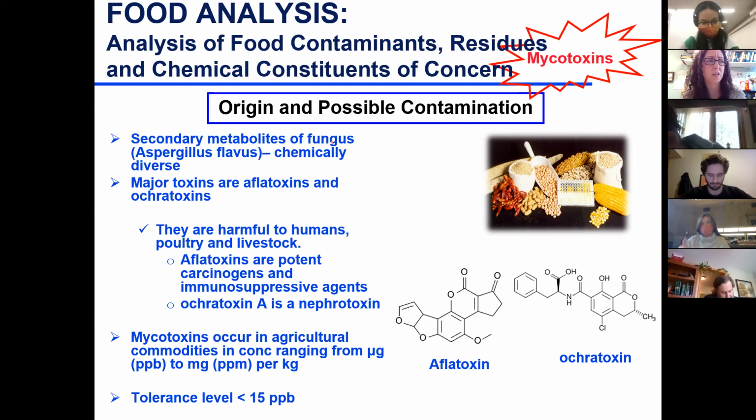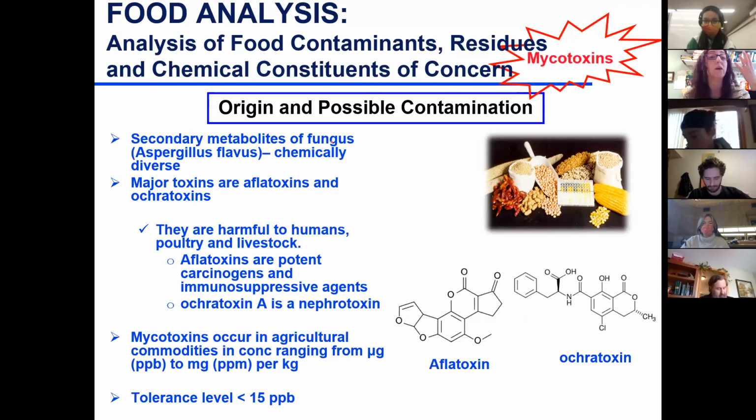It is a genotoxin. That means it's not just a carcinogen, it impacts DNA, and then there's no level of tolerance for that particular one. So they can be present in commodities.